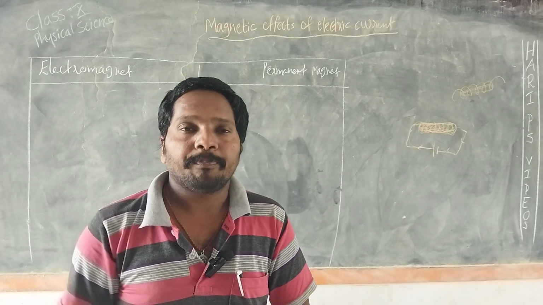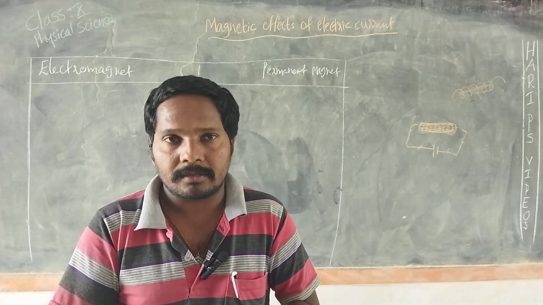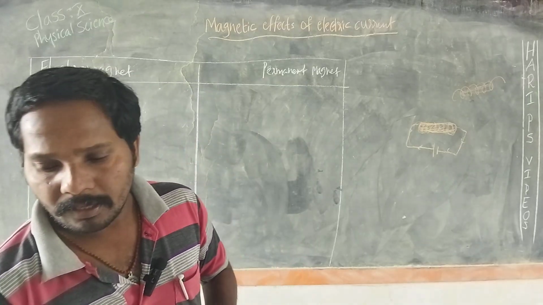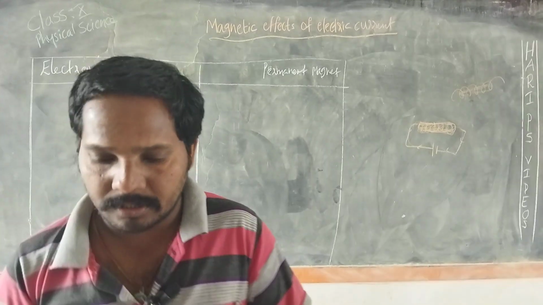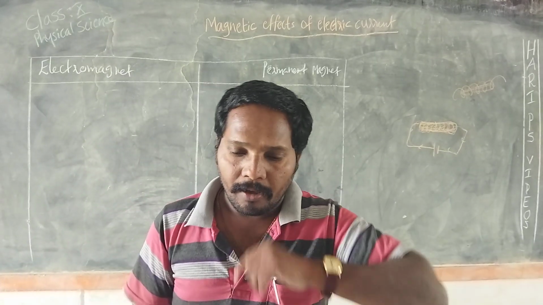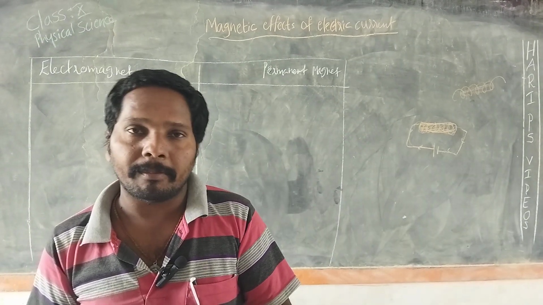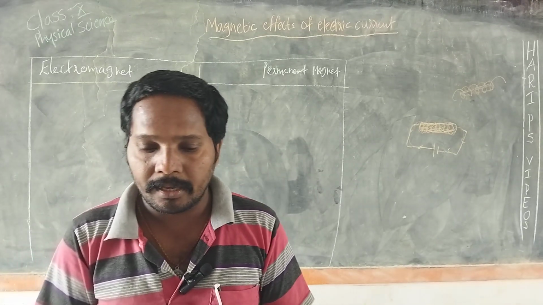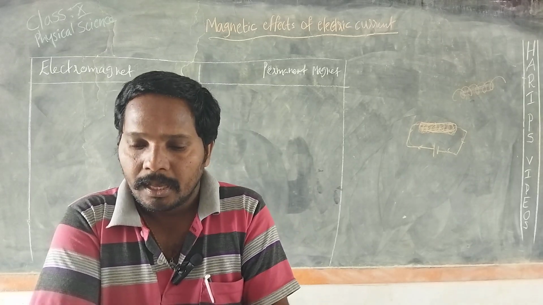If we use steel, it does not lose all its magnetism when the current is stopped and becomes a permanent magnet. That's why steel is not used for making electromagnets.